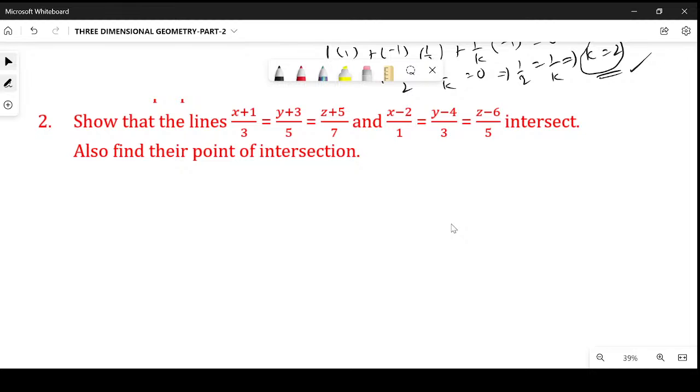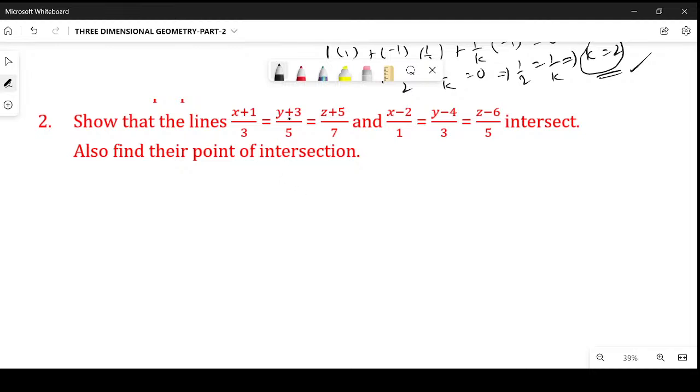When they are asking for the point of intersection like this, the problem can be solved easily.